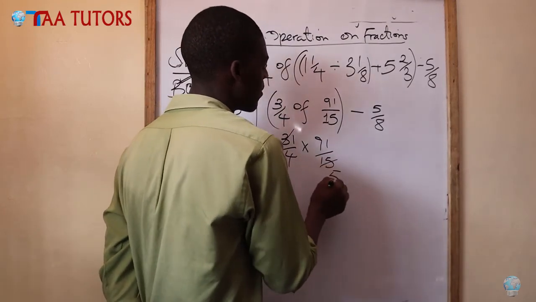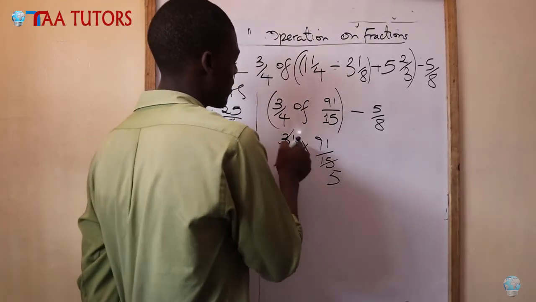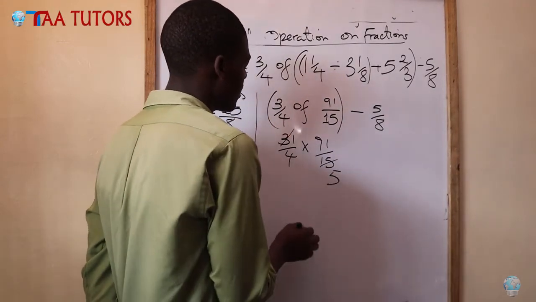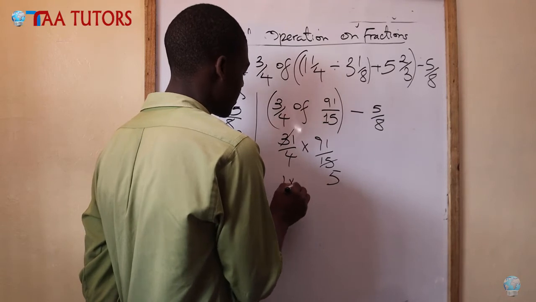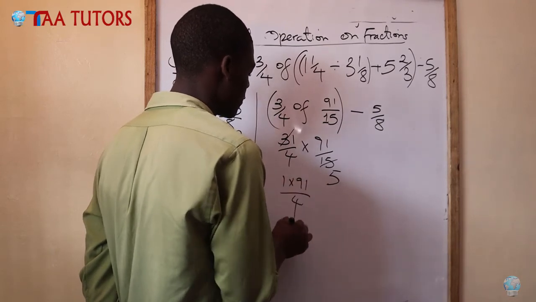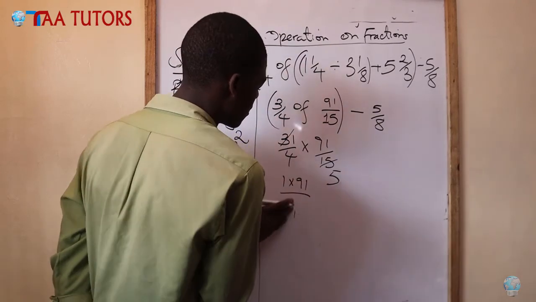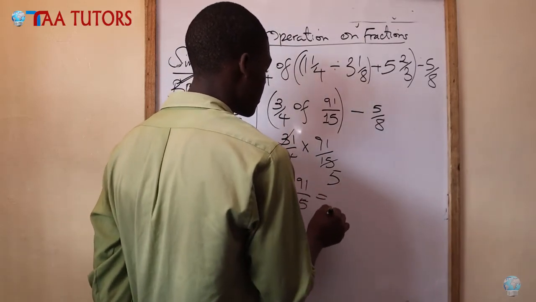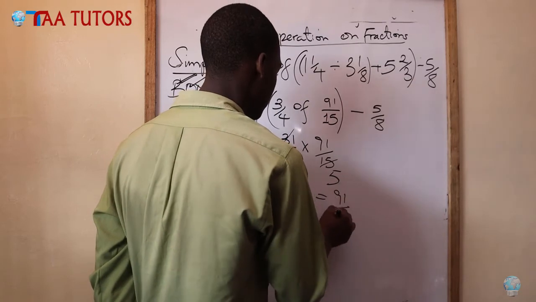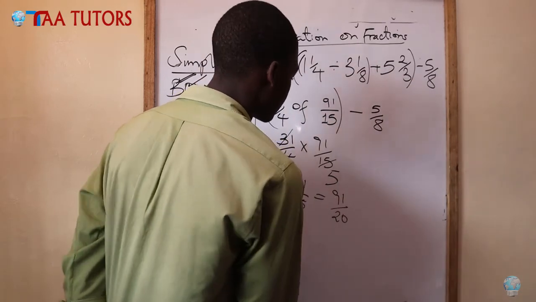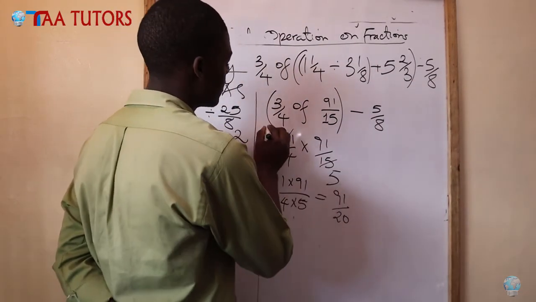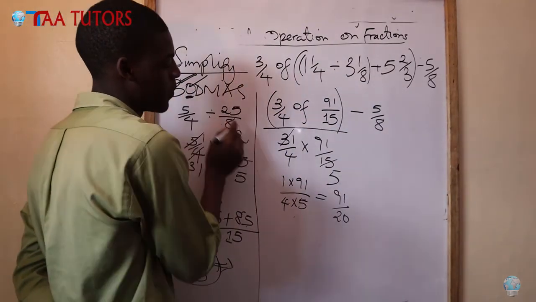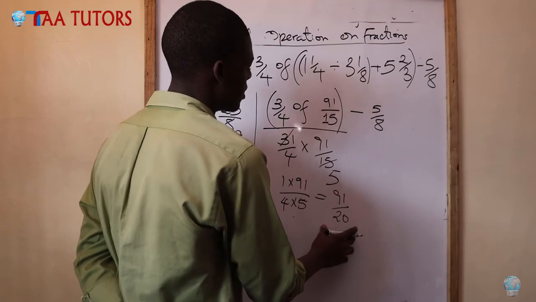We are dividing by 3, so 3 divided by 3 is 1, 15 divided by 3 is 5. So we'll have 1 times 91 over 4 times 5. That is going to give us 91 over 20. So this first part, when we tackle the operation of, we are getting 91 over 20.